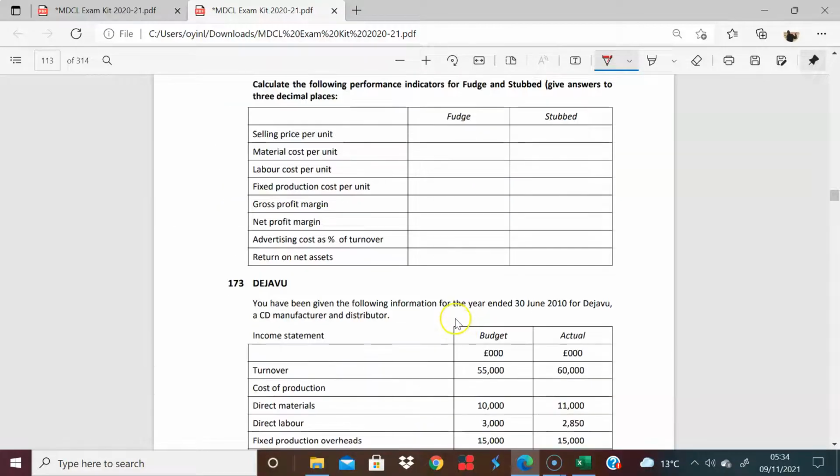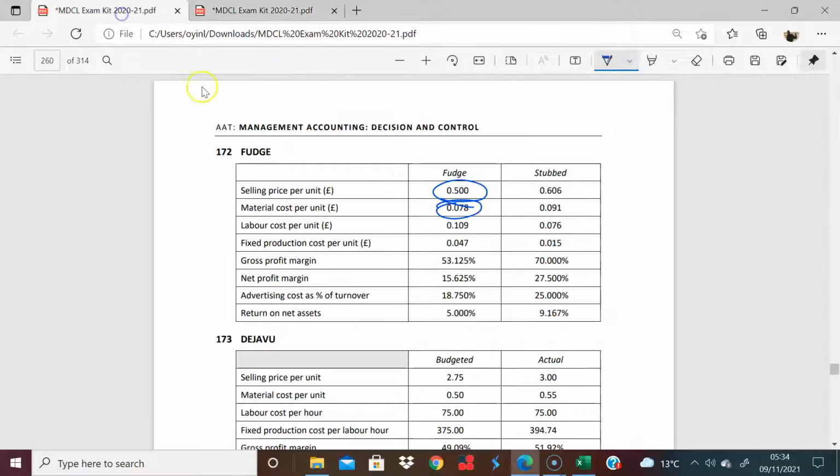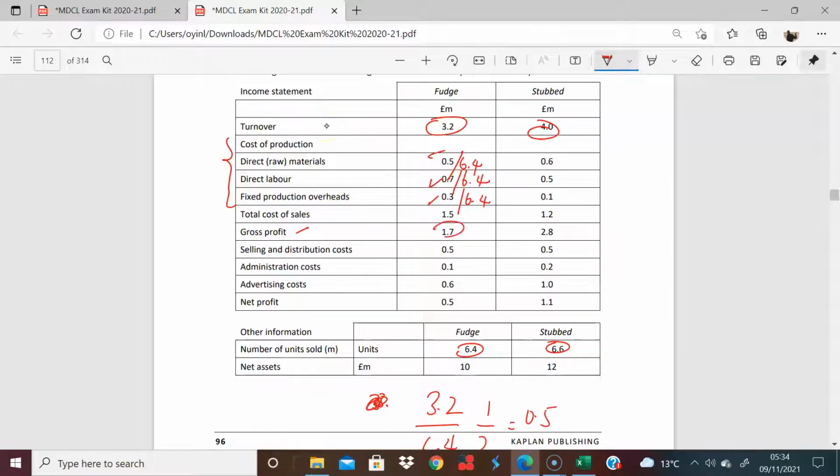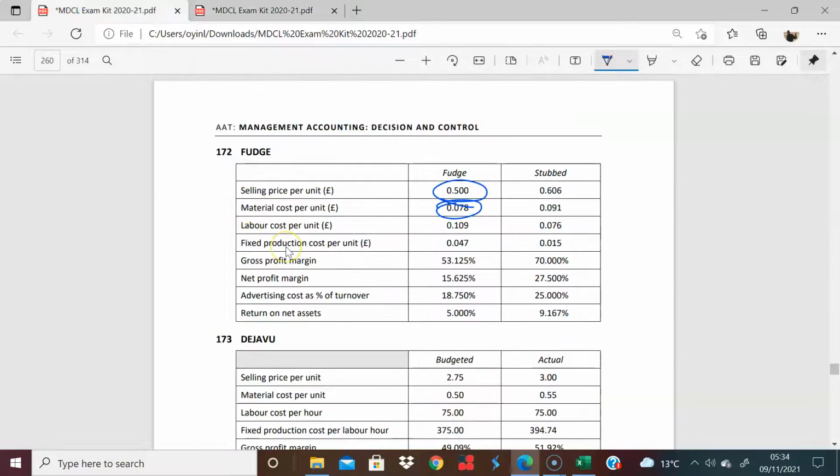That's what they wanted, and then they wanted us to find the gross profit margin. The gross profit margin is, here we are, your gross profit of 1.7 as a percentage of turnover. So 1.7 divided by 3.2 gives you 53.1, and you can see 53.1 over here.